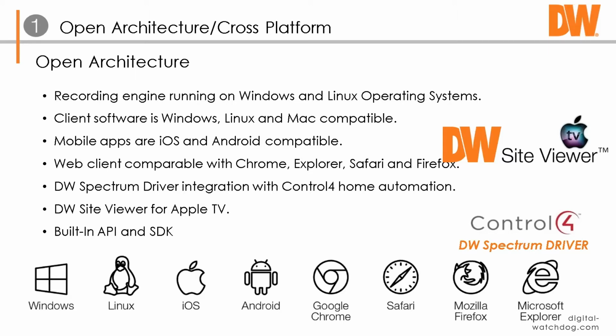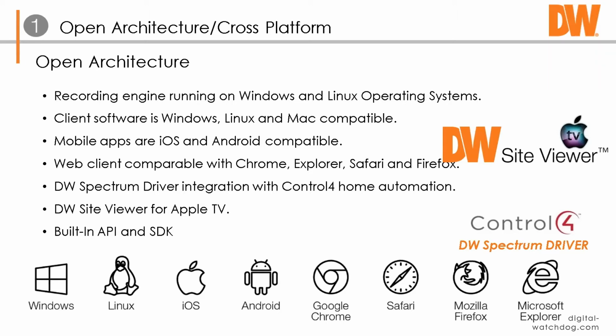Because it is cross-platform, we have an integration with Control4 home automation. Control4 can pull data and video from us, and likewise data can come from Control4 to perform functions in Spectrum.